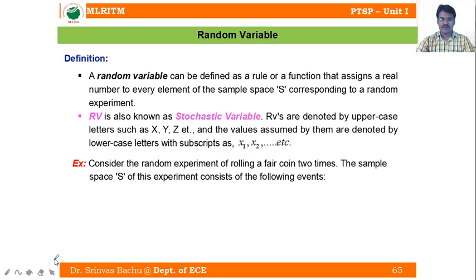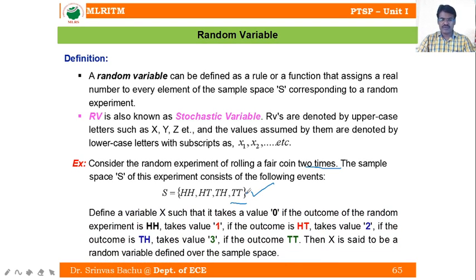Let us see one example. Consider an experiment of tossing a fair coin 2 times. The sample space S of this experiment consists of the following events, which are non-numerical in nature: head-head, head-tail, tail-head, tail-tail. Now assigning a real number to every element of the sample space, which should be unique, is called the random variable.